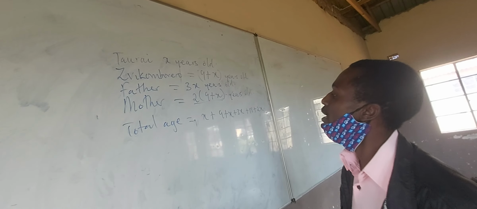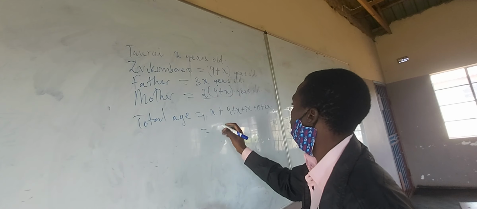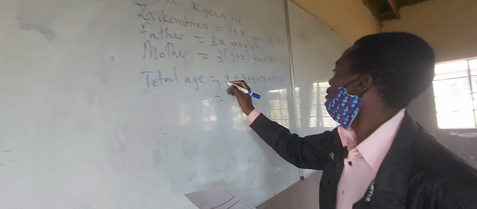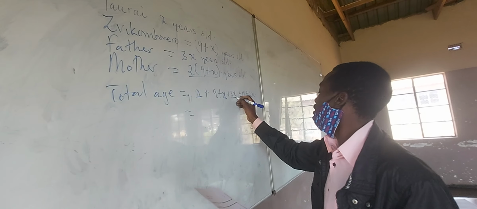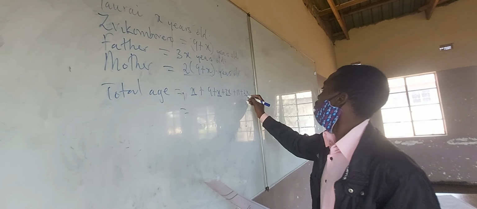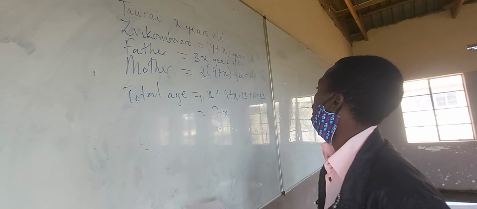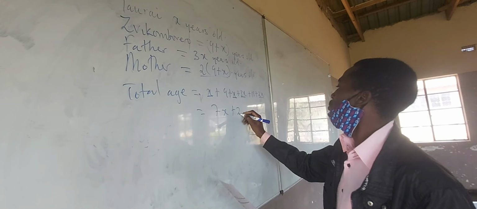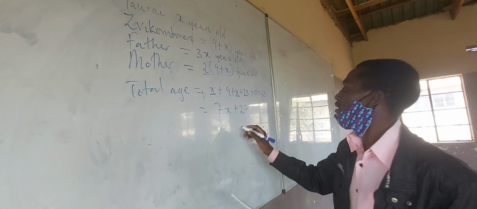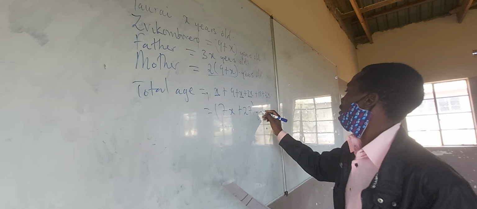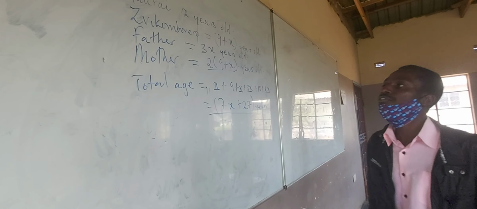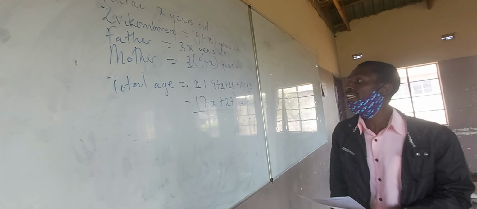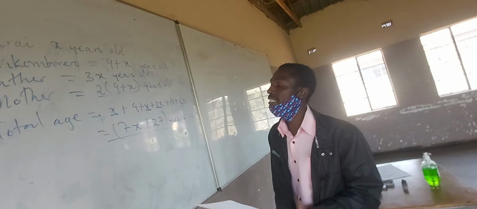I've simplified here and I get X plus 2X, 2X plus 3X gets 5X, 5X plus 2X will get 7X plus 27. Yes. So the total age of the family members is 7x plus 27 years.